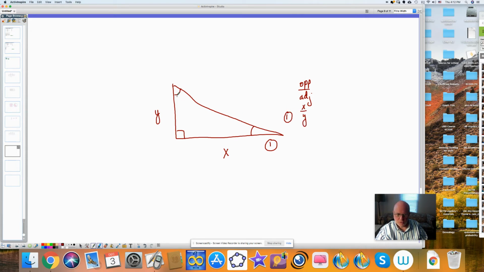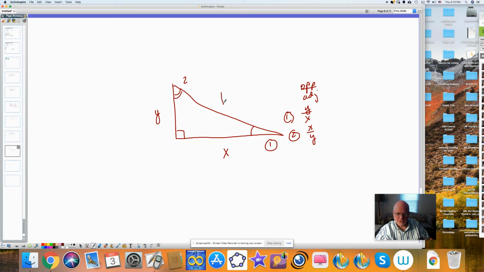Well, for angle 2 up here, the opposite divided by the adjacent, I'm sorry, this should be y over x. The opposite over the adjacent. So the opposite of angle 1 is y, the adjacent is x. For angle 2, the opposite over the adjacent is x over y. So these are flipped, these are reciprocals.